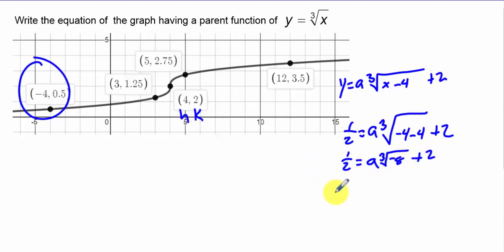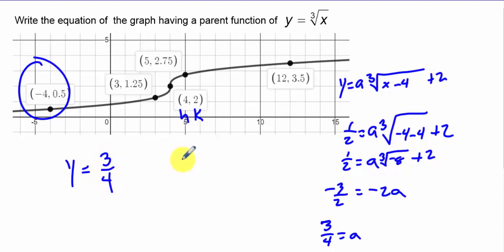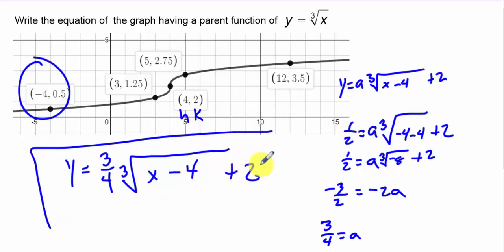Bring the 2 over, so this will be negative 3 halves is equal to, the cube root of negative 8 is just negative 2, and then I divide that and I get positive 3/4 is equal to a. So again, y equals 3/4 times the cube root of x minus 4, plus 2. And problem's done.